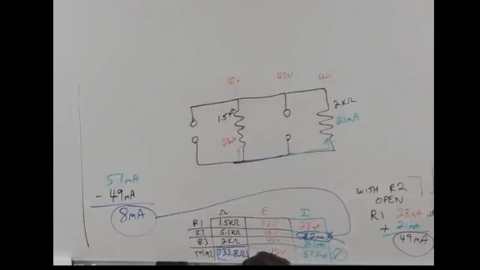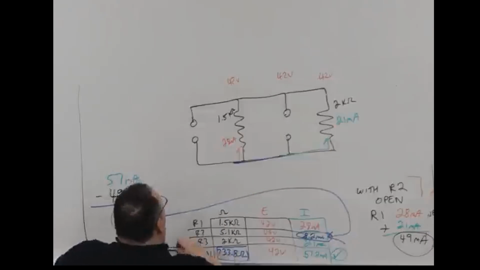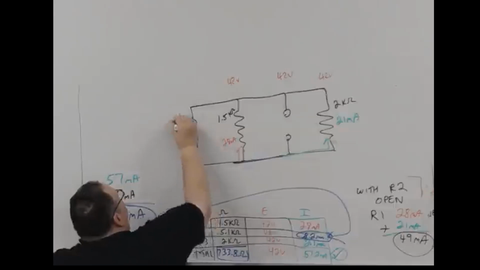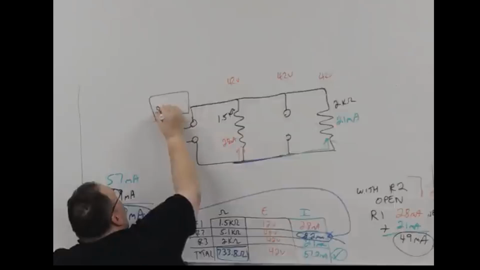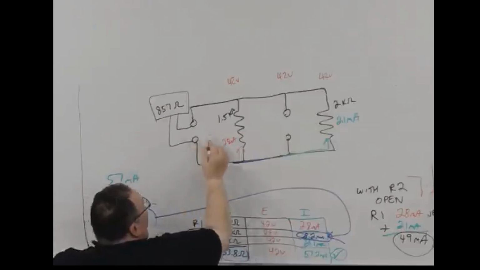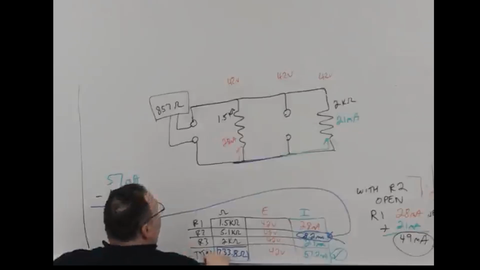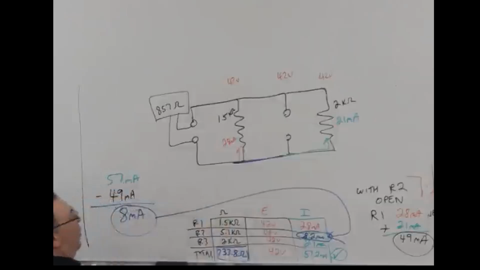When I punch those out in parallel, I get 857 ohms, which is less than my smallest one. So I should be able to measure that total resistance and verify that R2 is open.